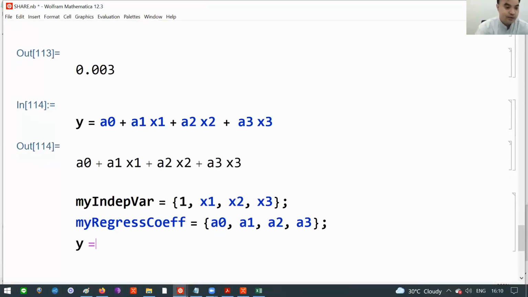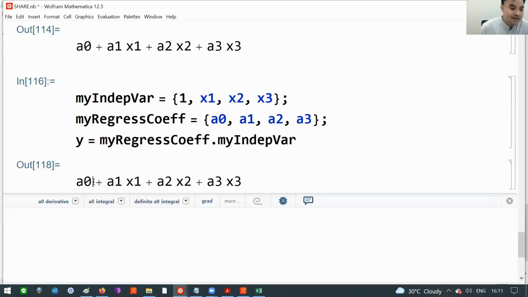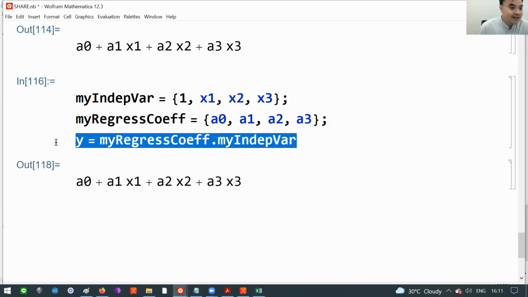Y is equal to my regression coefficient dot my independent variable. This is how you would do linear regression, right? Y is a coefficient times the explanatory variables: this is the constant, then explanatory variable number 1, 2, 3. So this is how you model.